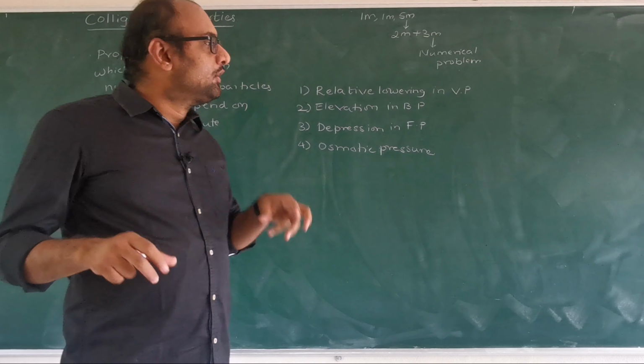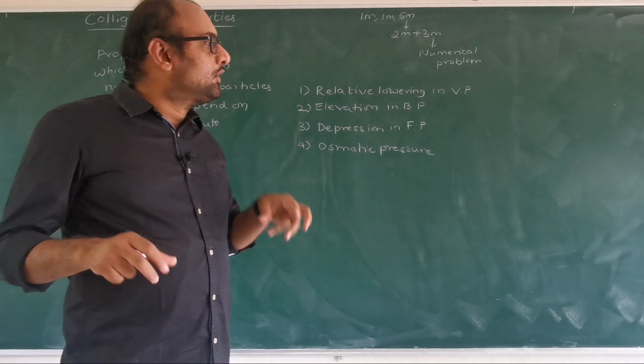PB will not be present here because the solute is solid. So P is equal to PA, meaning PA will be equal to 0.845 bar. Now, what you have to calculate here is the molar mass of the solute, MB.